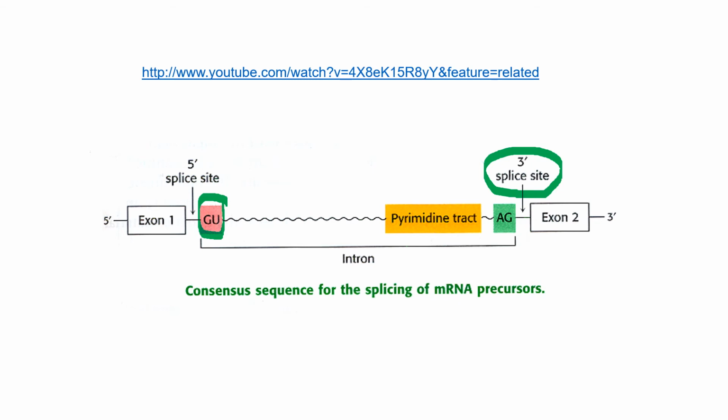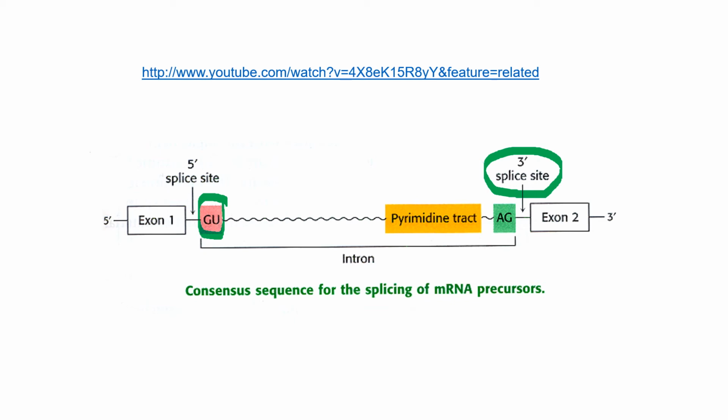Prior to this, there is a pyrimidine-rich tract, those nucleotides that contain pyrimidine bases. It is at those sites that the mRNA gets spliced, and then those two exons are joined together.